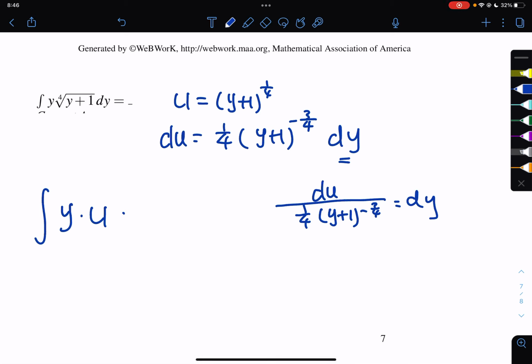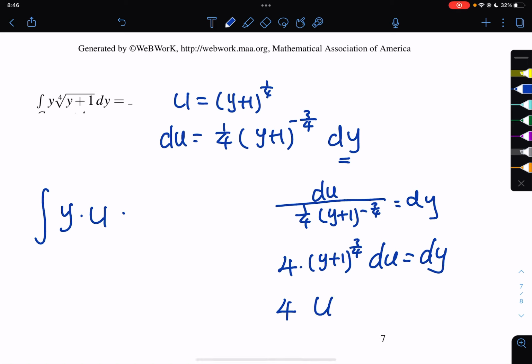So I can clean things up a little bit. It's 4 times y plus 1 to the power of 3/4 du, which is dy. And y plus 1 to the power of 1/4 is u, hence this is 4u cubed du equals dy. So my problem is now the integral of y times 4u cubed du, right?